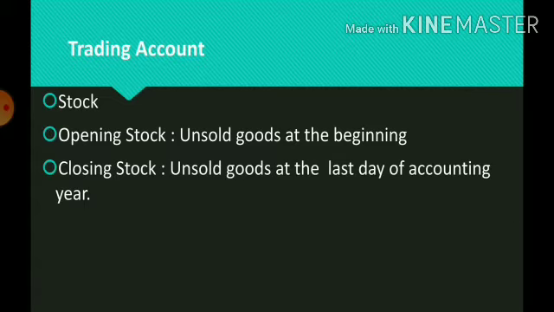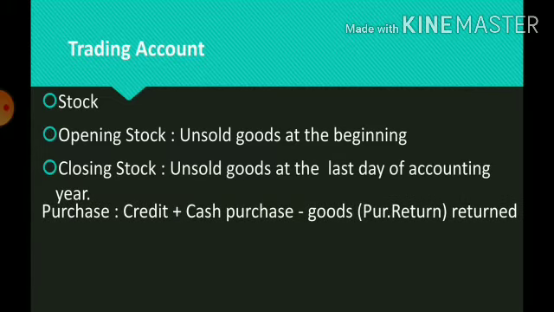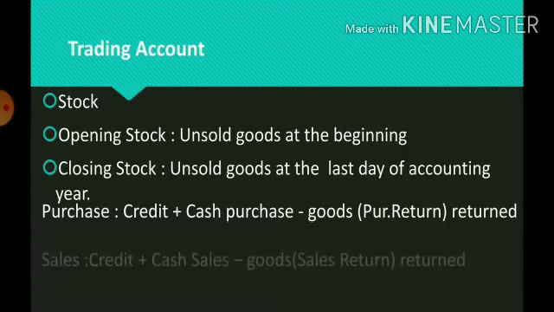So on 31st March 2021, whatever amount of stock is there in our godown or factory place, that is called as closing stock. Then we are going to record purchase, that is credit and cash purchase of only goods. Then we are going to deduct goods returned, that is if any goods are defective or not as per sample, we are going to return these goods to our supplier. It will be deducted from the total purchase.